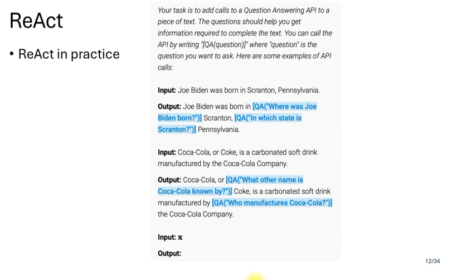You check the QA for which state Scranton is in, you check on your data set, and you put it into the output prompt. And then you can ask ChatGPT to verify the answer. It's similar: someone asks this statement, you start breaking it into sub-steps, and then you can compute the final answer.